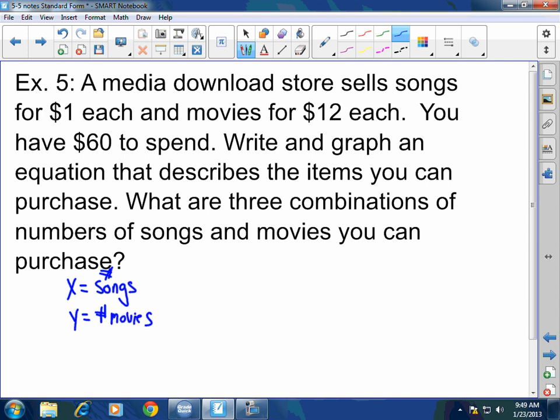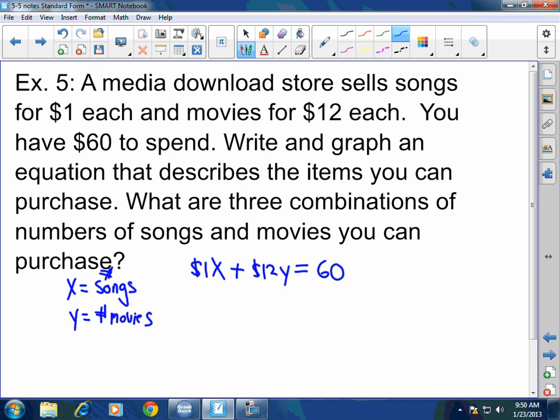Does that make sense? Now, how much is each song? $1 for every song, plus $12 for every movie has to equal $60, because that's what I have to spend.